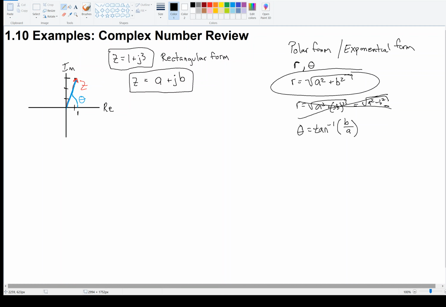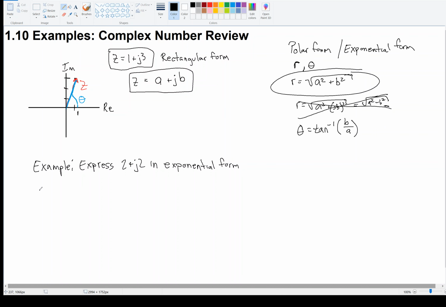Okay, so for example, maybe we'll express 2 plus j2 in exponential form. That goes over 2 and up 2.